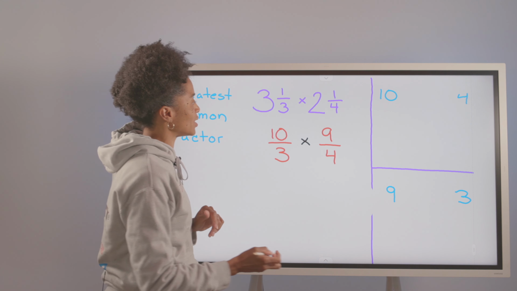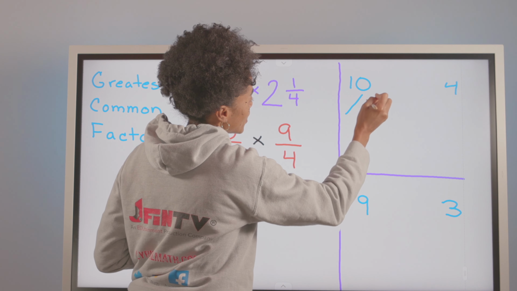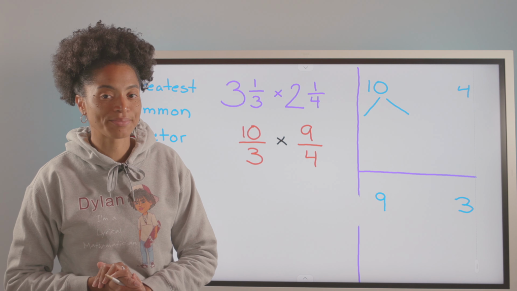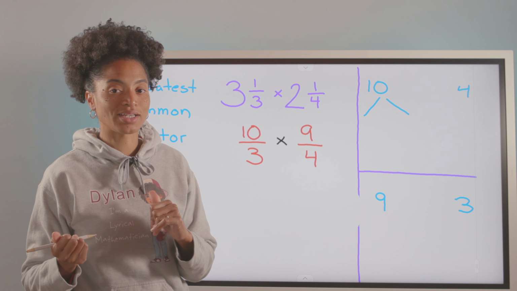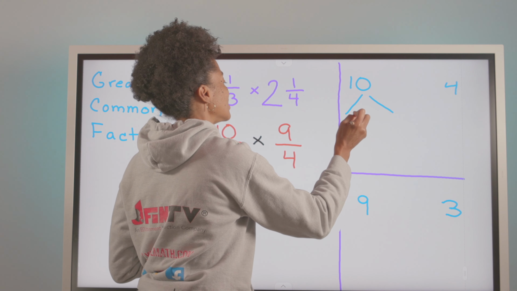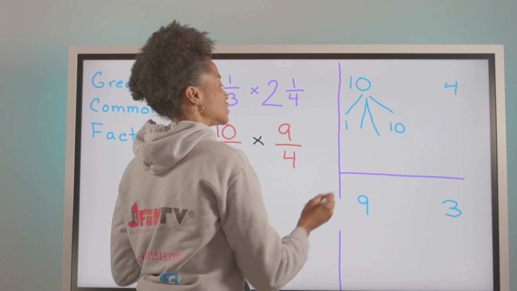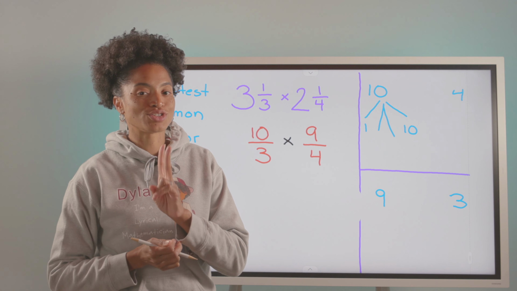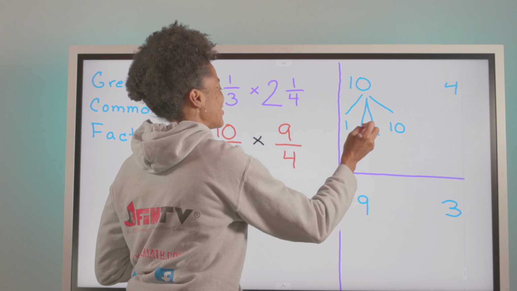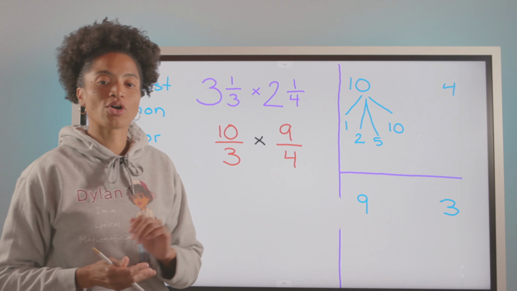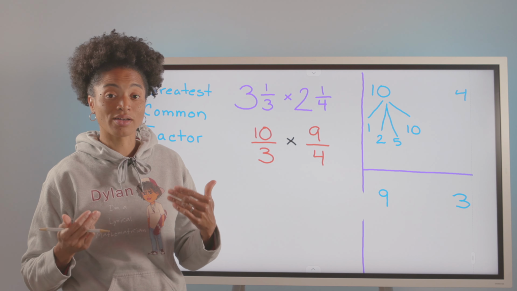So that would be, in this example, think of 2 numbers that multiply together to give you 10. 1 times what gives us 10? 1 times 10 equals 10. And we have 2 other factors for 10. 2 and what? 5. All right? So 1, 2, 5, and 10 will be called the factors of 10.